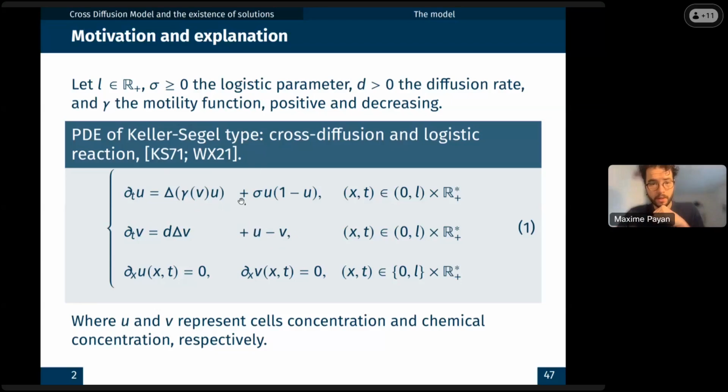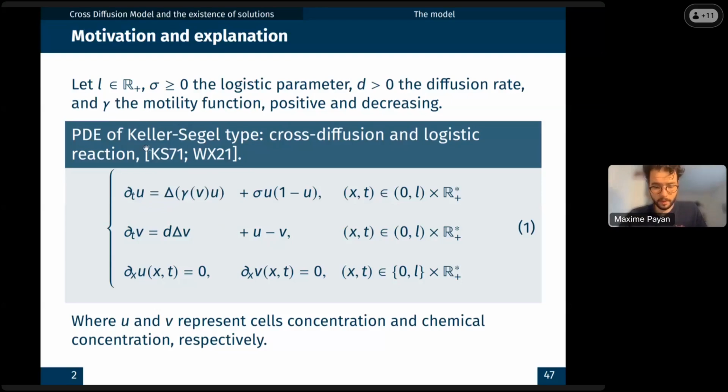And we have the last big parameter, the nonlinear parameter, the function gamma, the motility function, that is positive and decreasing. So how does it act on the dynamics of U? You see, this is the first term of the first row of U, and the cross diffusion is just there.